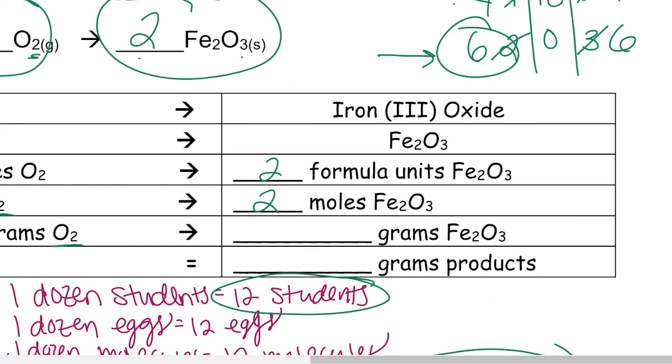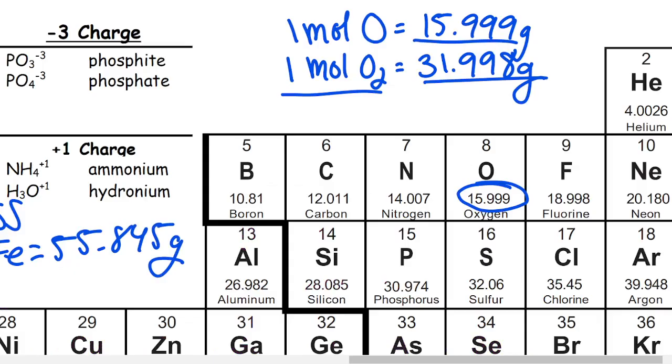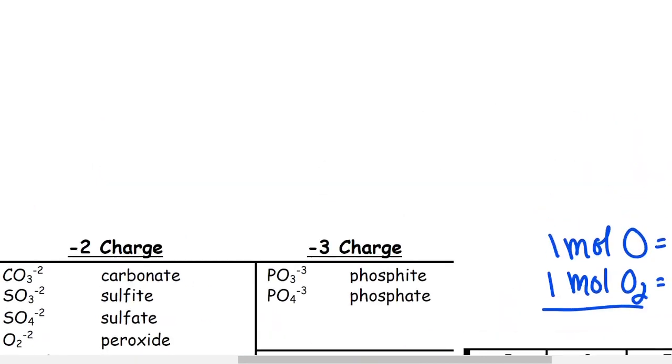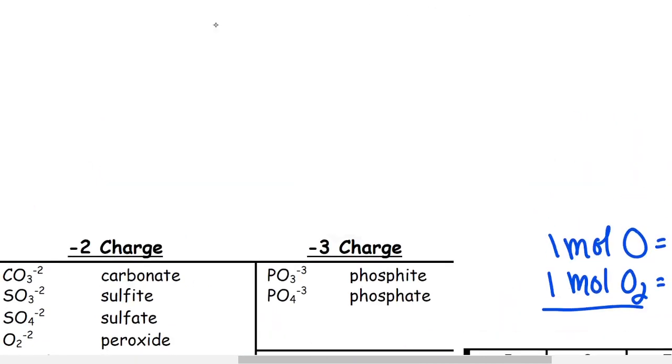And then on my product side of the equation, I have Fe2O3. So I'm going to take the molar mass of this. I'm going to use a different color and write it up here. Fe2O3, molar mass of that.